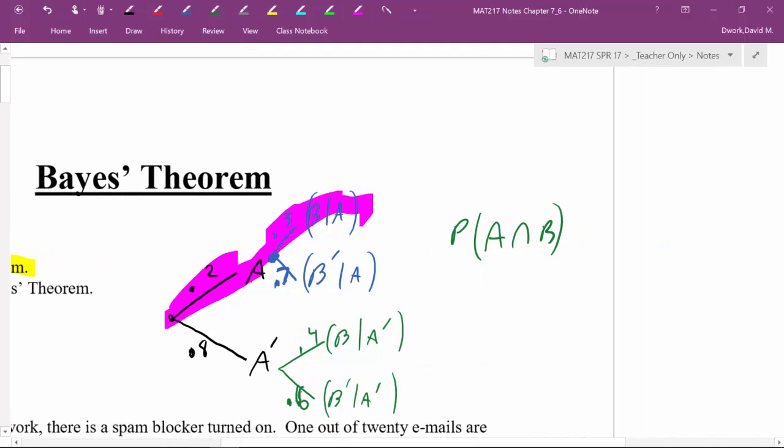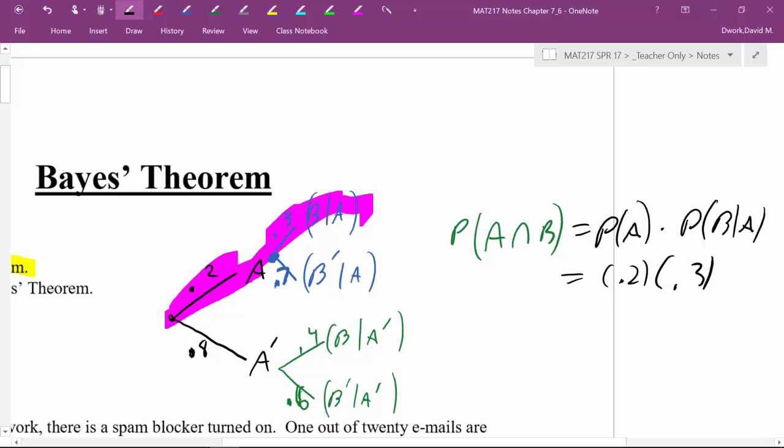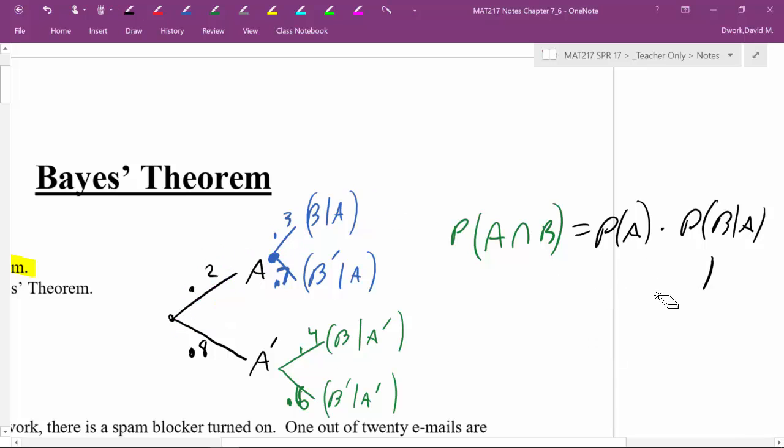And so therefore, the probability of A and B is the probability of A times the probability of B given A. And you can see that straight from our tree. So that'd be 0.2 times 0.3, just with the numbers I made up. Right, so makes sense? So you can use this for the problems we were doing in the last section as well.